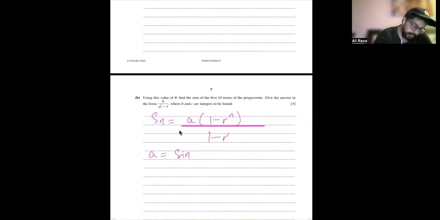A would be sine pi over 6, which is equal to half, and the ratio would be cos theta upon sin theta, which is equal to root 3.